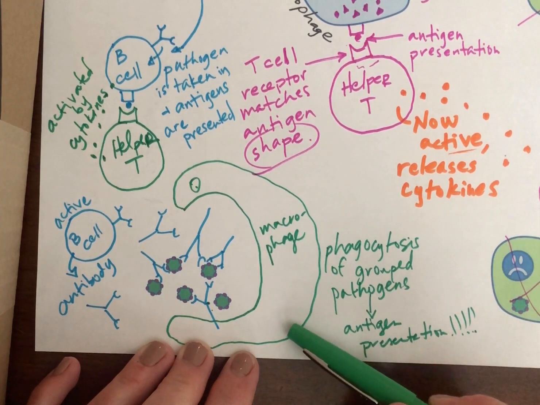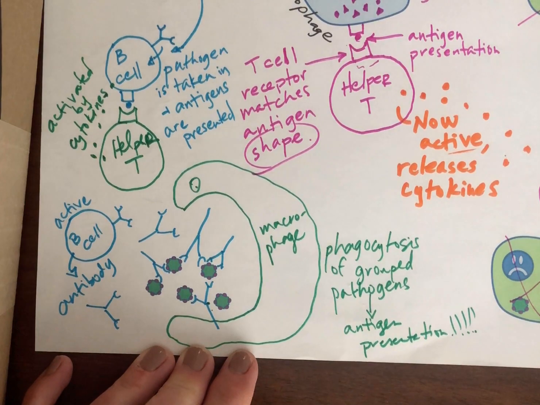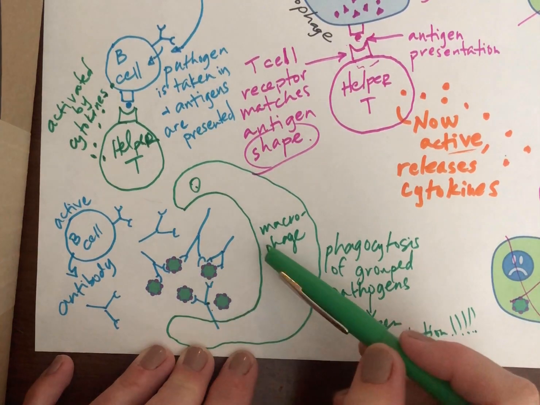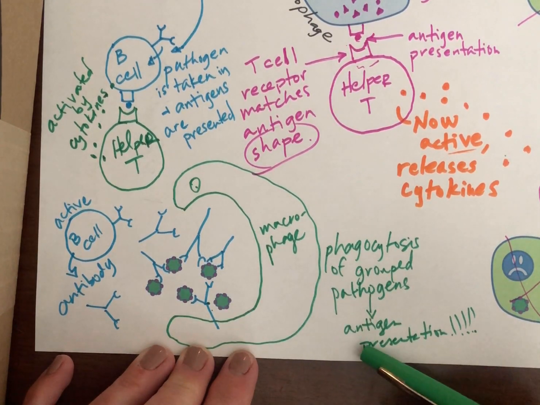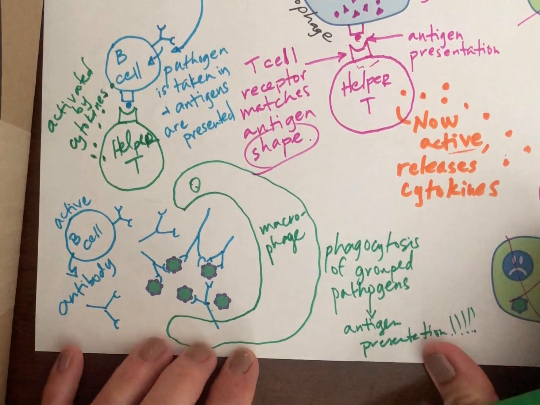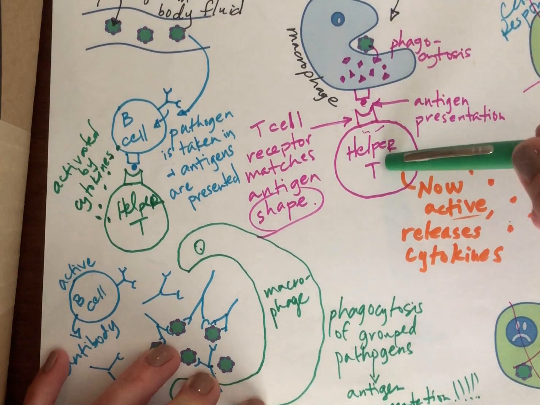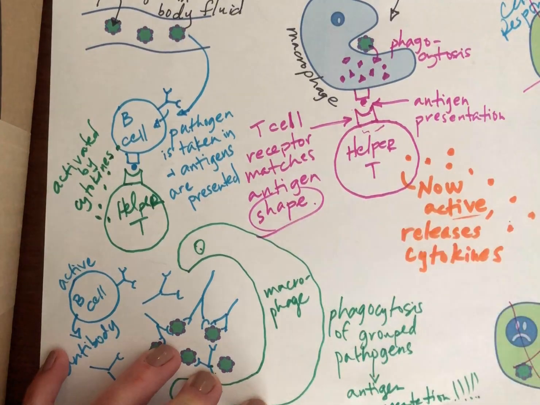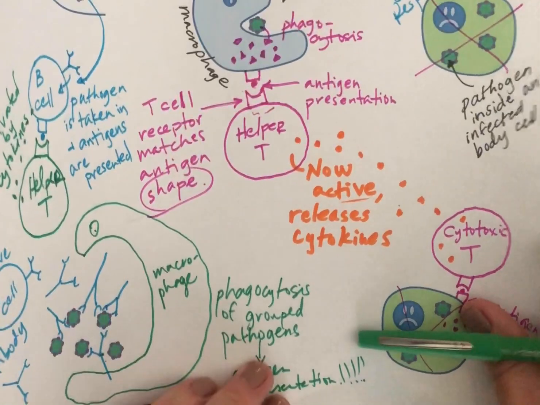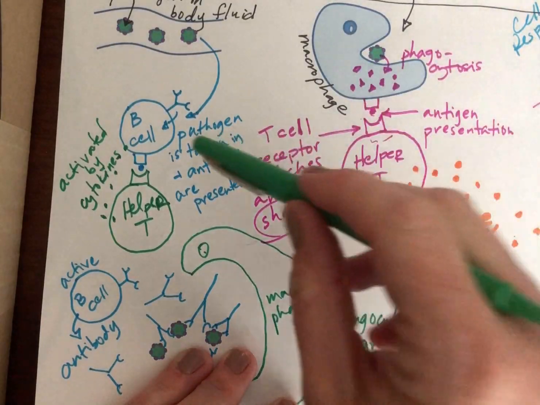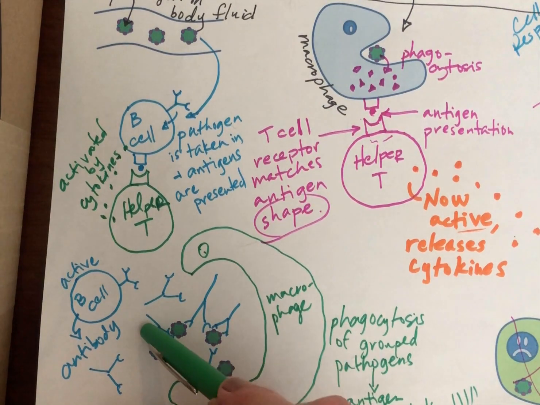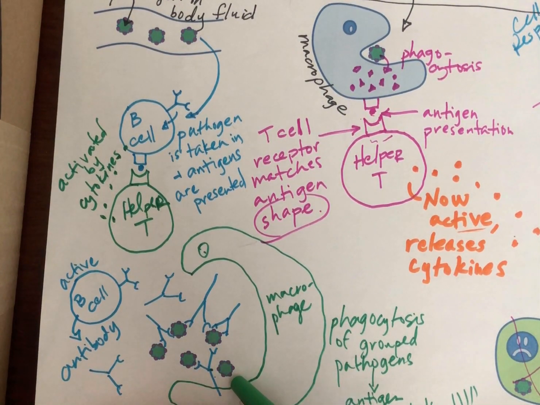In positive feedback, we get an acceleration of the response, or an enhancement, like an exaggeration of the response, because if this macrophage is going to present antigens, then the immune response is going to increase in its strength, because it's going to come back up here, activate more helper T cells, more cytokines are going to be released, more cytotoxic T cells are going to be activated, more body cells are going to die that are infected, more B cells are going to be activated, more antibodies are going to be produced, more clumping and tagging of these pathogens is going to happen, more phagocytosis. So we get an amplified effect.